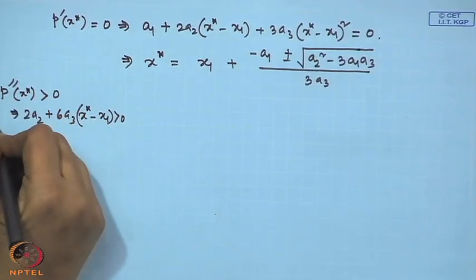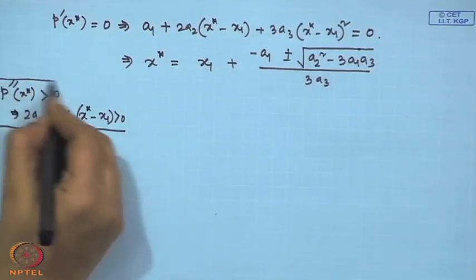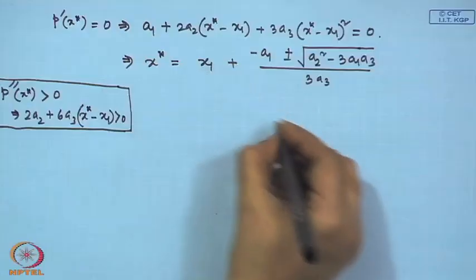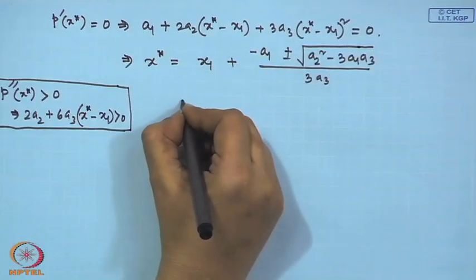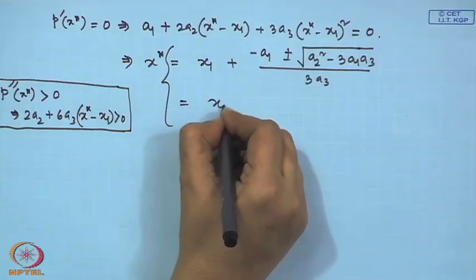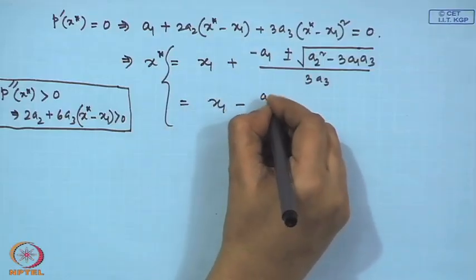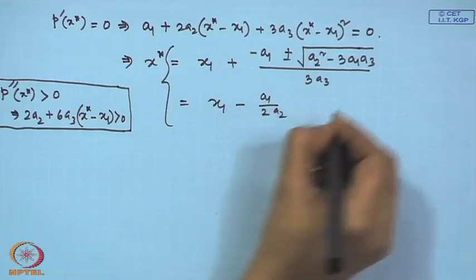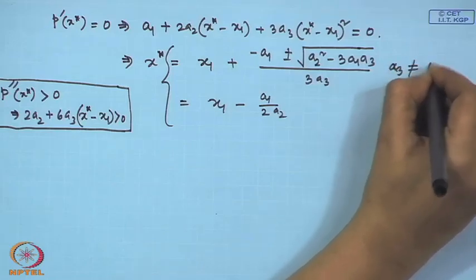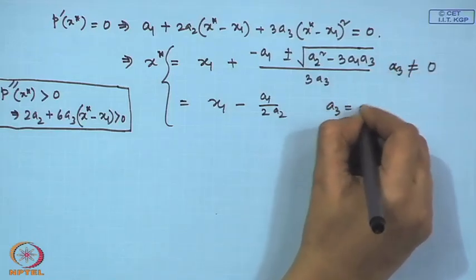This is the sufficient condition for a minimum. Now, when A3 is equal to 0, we get the value for x star as x1 minus A1 by 2 A2.